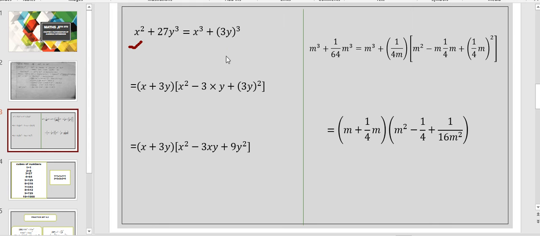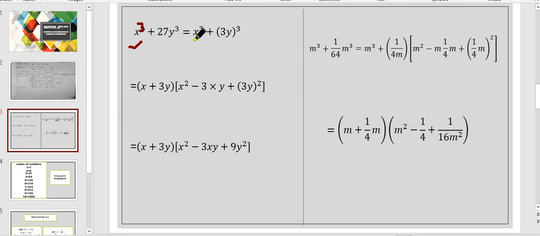And x will be x cube only, plus 27y cube, which is equal to x cube plus 3y the whole cube. Okay, in the book it is given, it must be 3, right? Don't get confused. And after that, the next step will be x plus 3y.